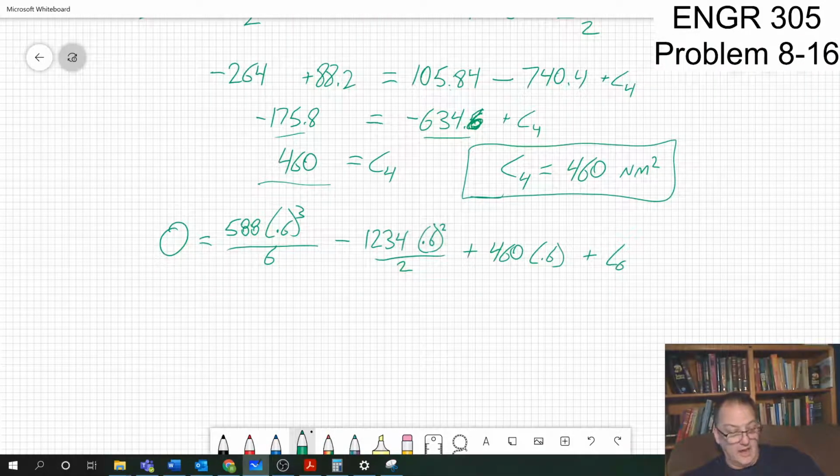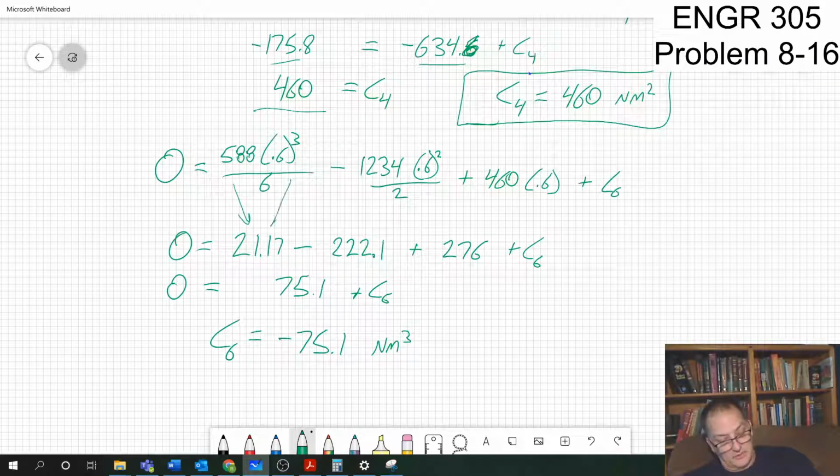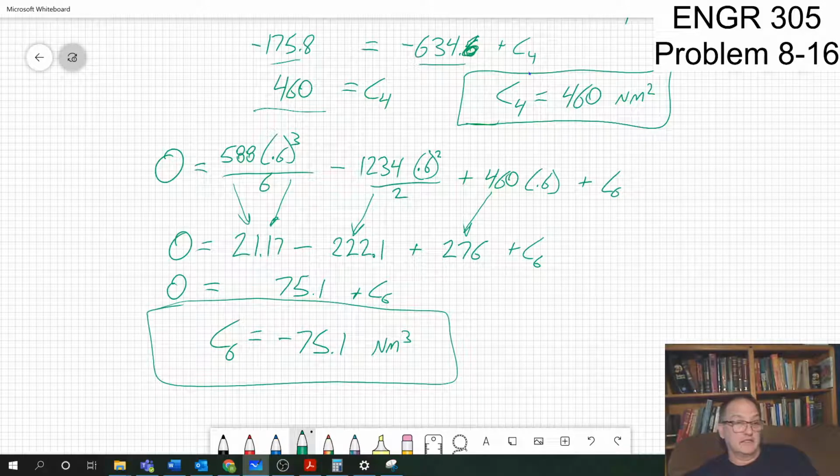And now we just crunch all those numbers. So I solved for that. I punched in those, I got 21.7. I punched in this, I get 221, 222. I get 276. Boom, I got that. C6 is negative 75.1.